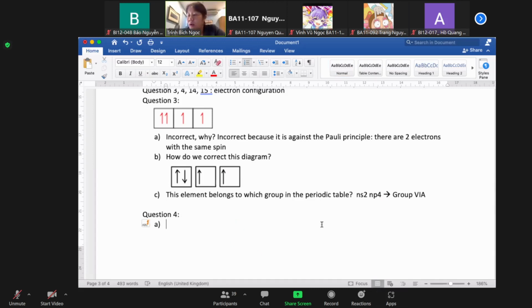So for the question A, the elements with the valence shell electron là electron ở lớp ngoài cùng.